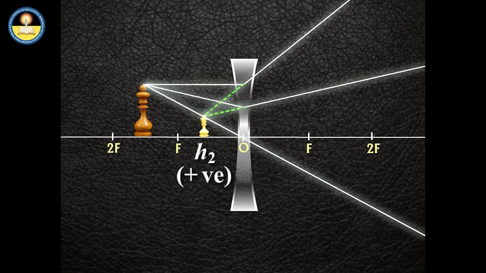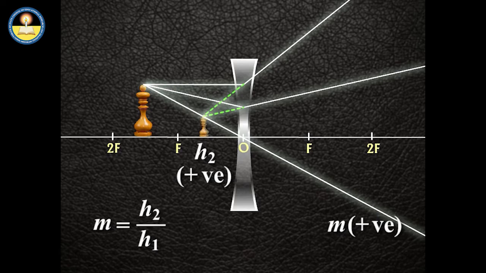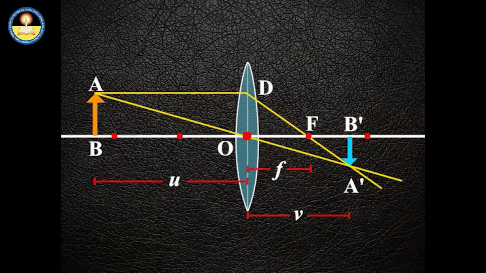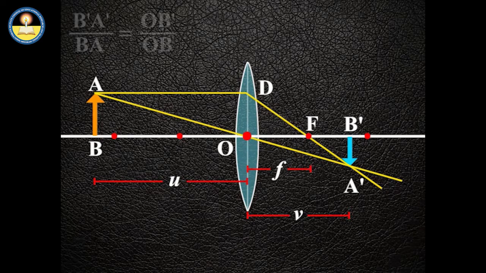Size of the image, that is, h2, is positive for a virtual image as it is an erect image, and thereby the linear magnification for a virtual image is positive. Since the ratio of the size of the image formed by the lens to the size of the object, that is, the ratio of B'A' and BA, is equal to the ratio of OB' and OB.